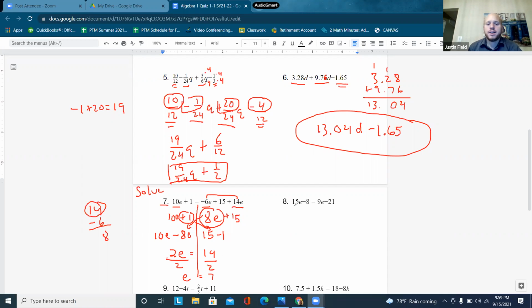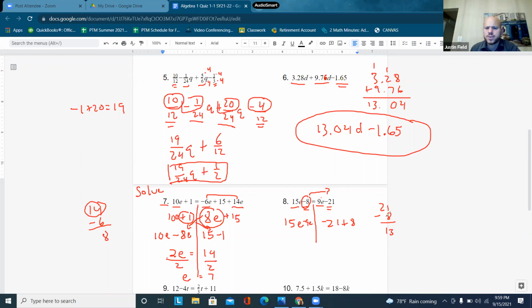All right. This one is not too bad because we have 4 terms. And we need to get the variables on the left, numbers on the right. So let's take that 9e over the line and change the sign. Take this -8 over the line and change the sign. -21 plus 8. One is positive, one is negative here. Subtract those numbers. What is 21 minus 8?